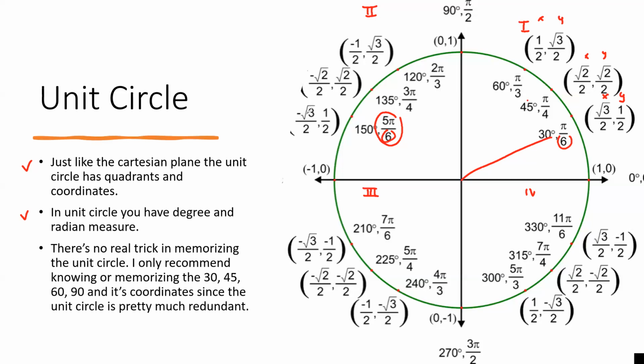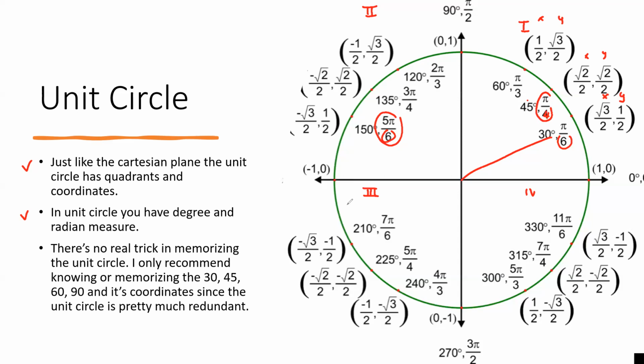And as you can see, they're exactly the same coordinate. It's just that x is negative. The same thing with 135 or 3 pi over 4. It is related to 45 or pi over 4 because they have that 4 on the bottom. As you can see, it's the same, just the x is negative. And the same thing with 120. Same coordinates, x is negative.